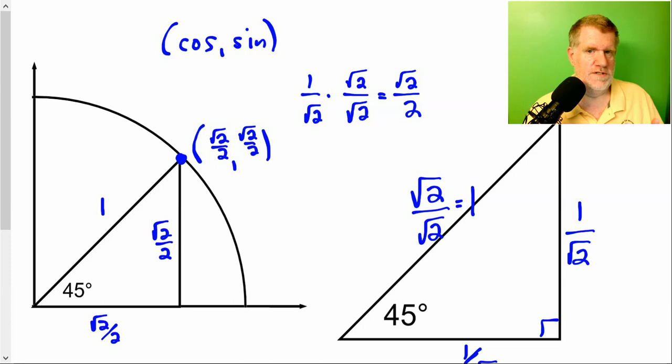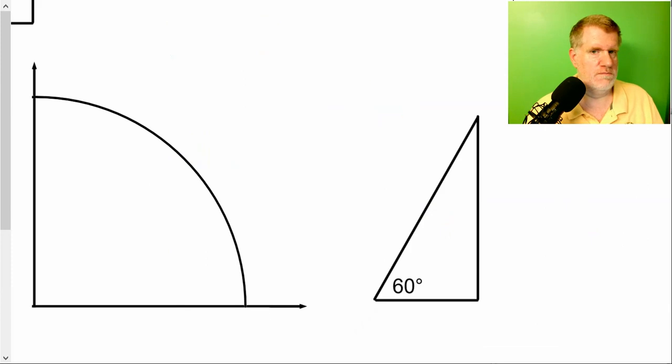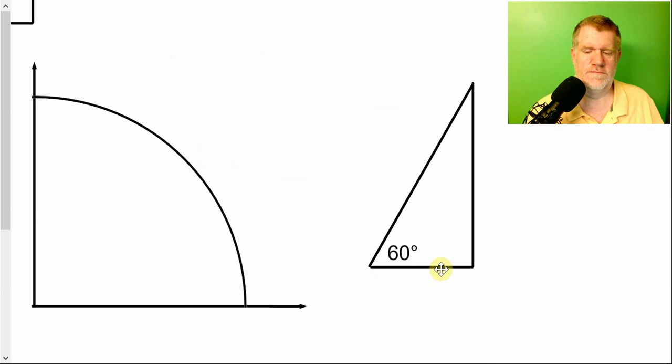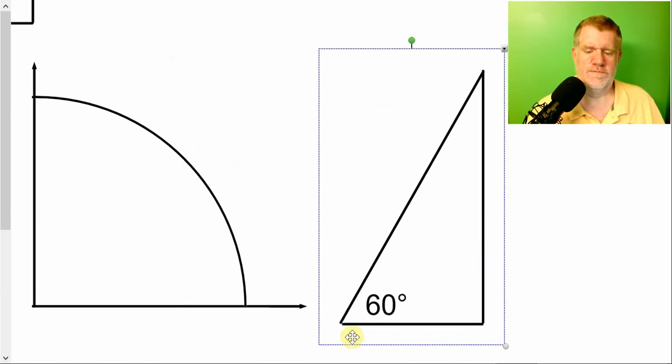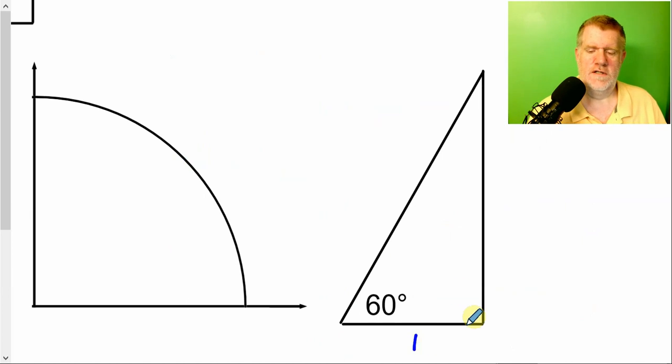Okay, if you're with me still, good, because it's the same thing over and over again. Here's my 60-degree angle. So what did we say this was? We said that this was the short side, which meant the hypotenuse was twice as big, and this long side was the square root of 3.